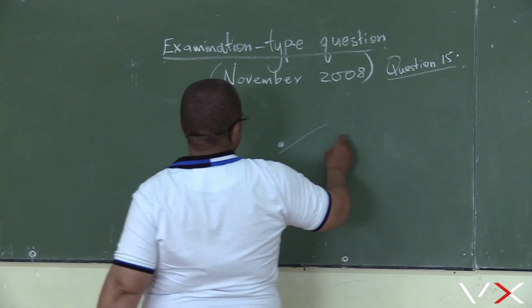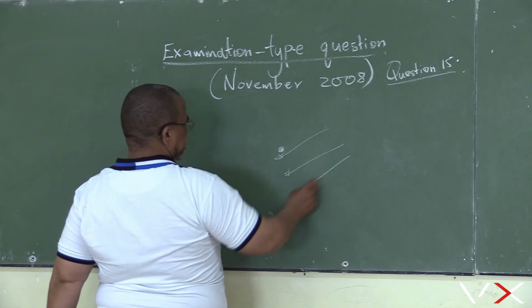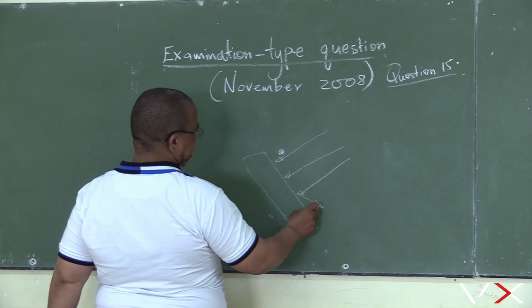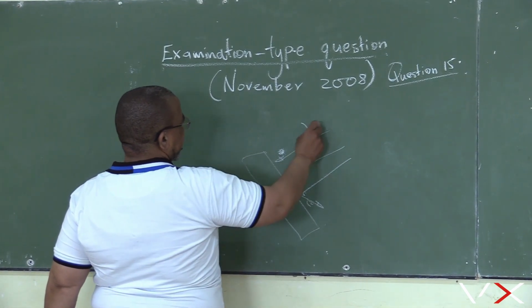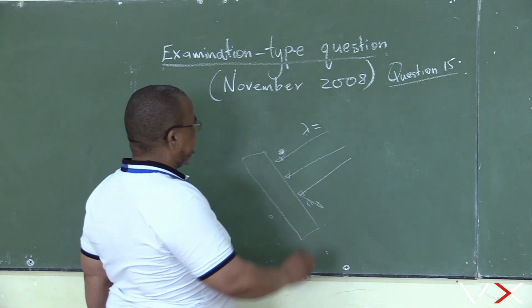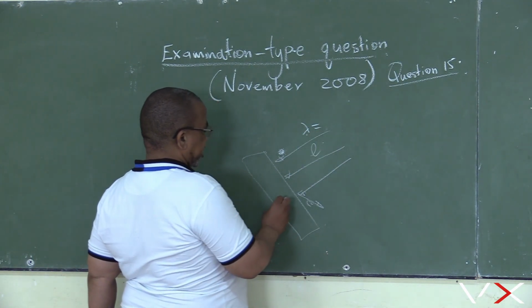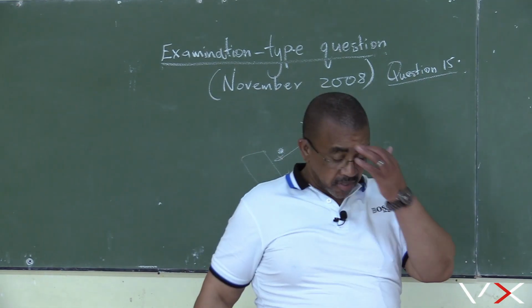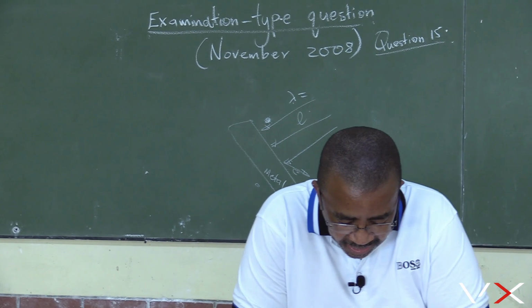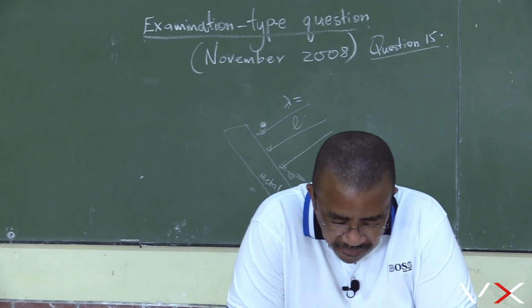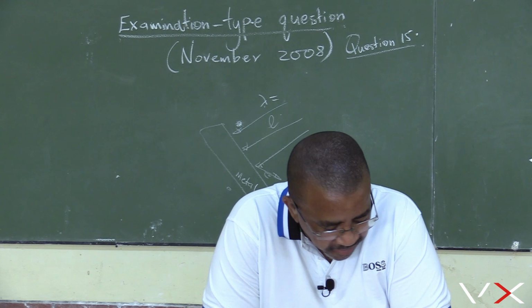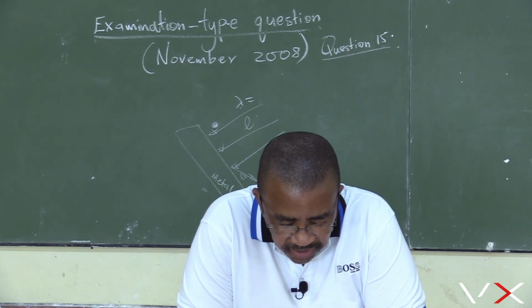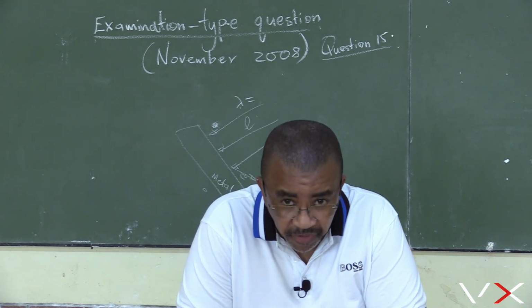Light strikes a metal, and this metal releases electrons.